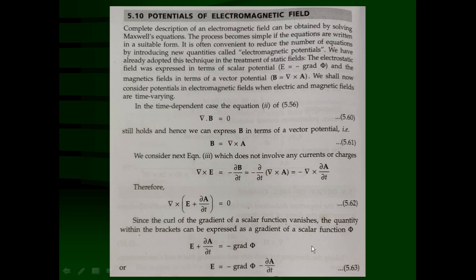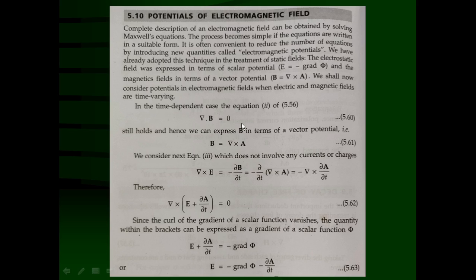Since the curl of a gradient of a scalar function vanishes, the quantity within the bracket can be expressed as a gradient of some arbitrary function phi, the scalar potential phi, and hence E plus del A upon del t is equal to minus grad phi. And hence we find from this equation that the electric field E is specified as minus grad phi minus del A upon del t.